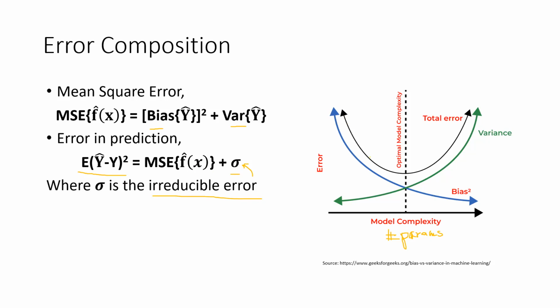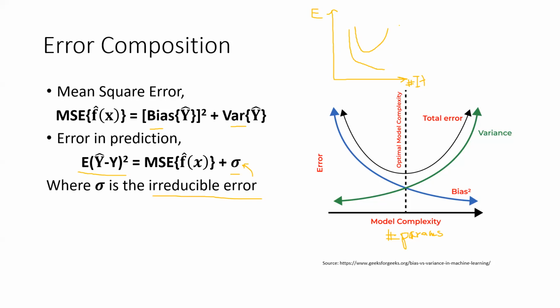So the total error would follow a curve like this, right? If you have learned about the number of iterations in gradient descent and the amount of error, you might remember that this is the test error, and this is the training error.